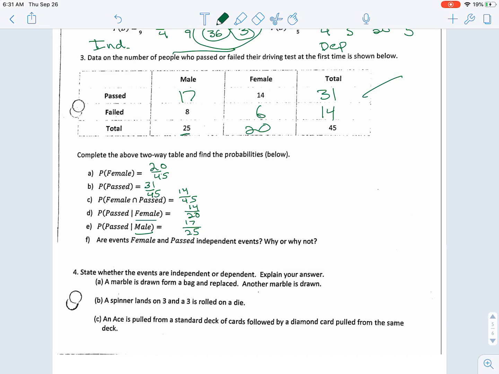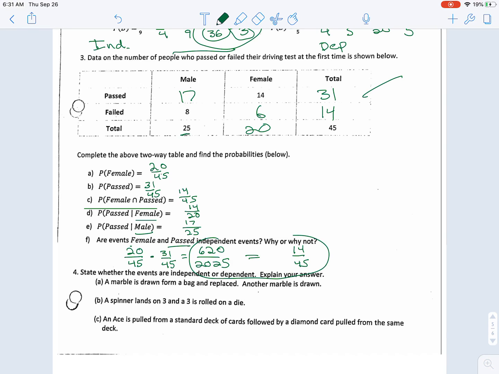That would mean the probability of being female times the probability of passing needs to equal female and passing. 20 times 31 over 45 times 45.